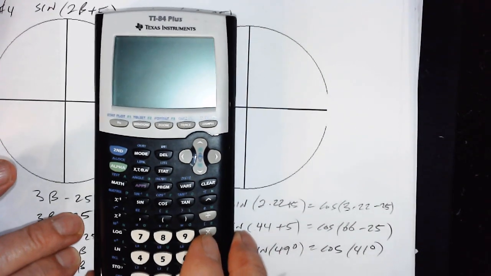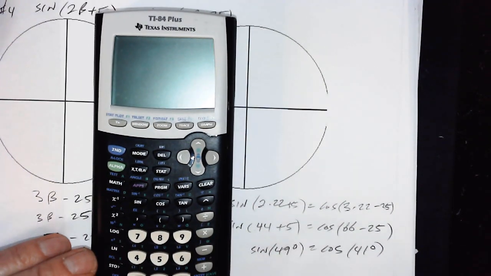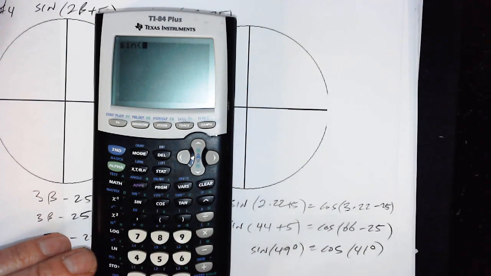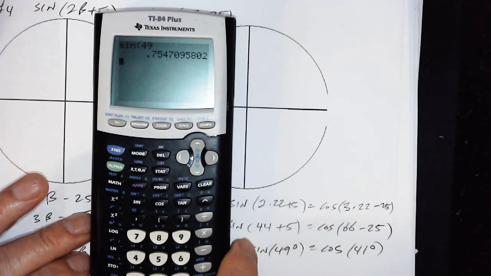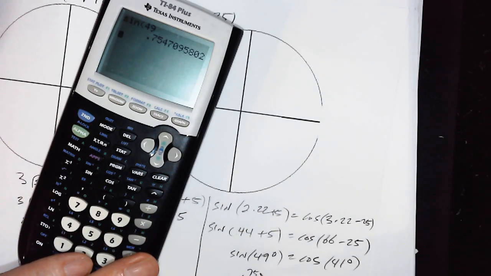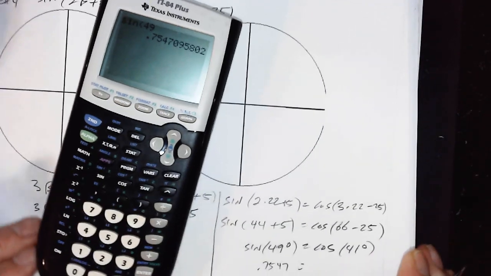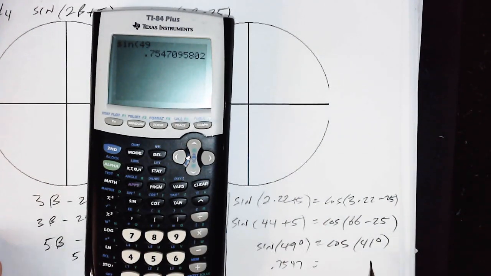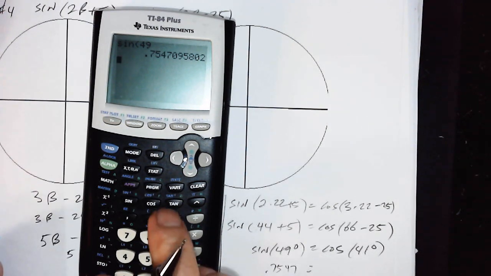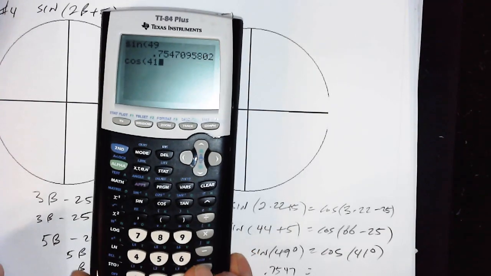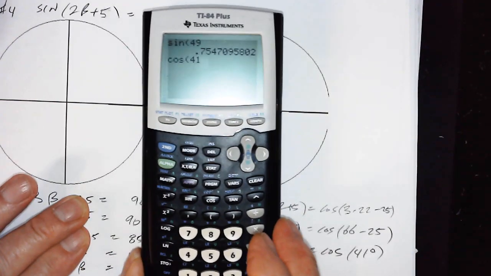The sine of 49 is 0.7547. Let's put that like this. Now, let's check out the cosine of 41. The cosine of 41, if you can see it on the calculator here, it's a little bit hard.